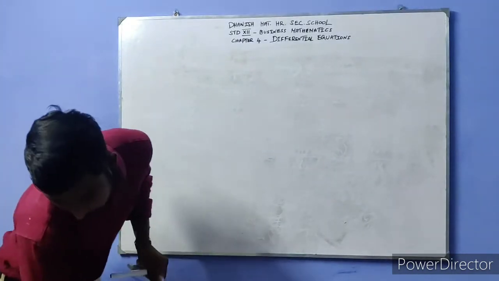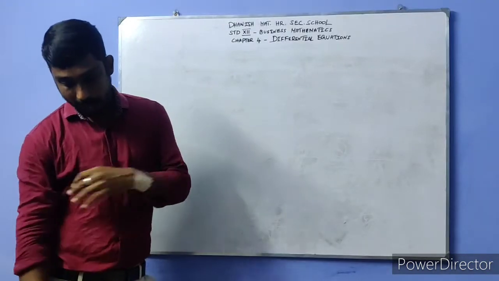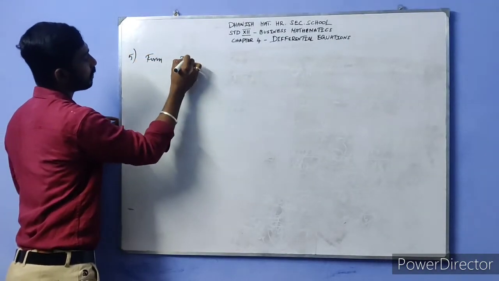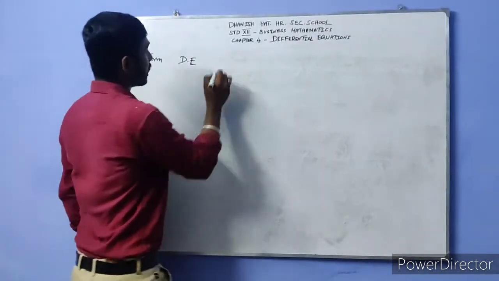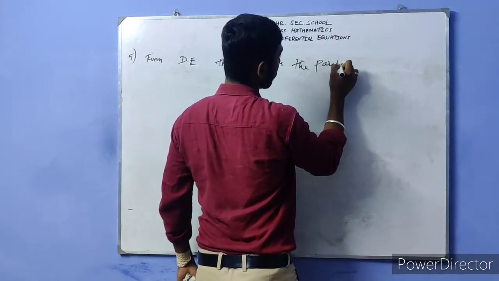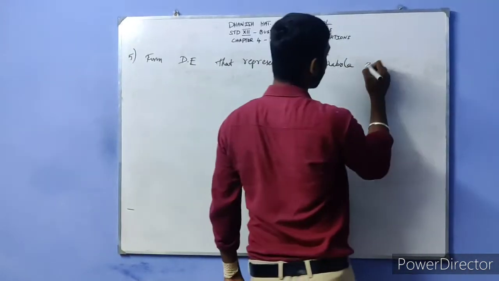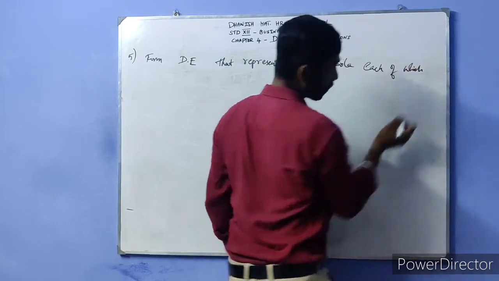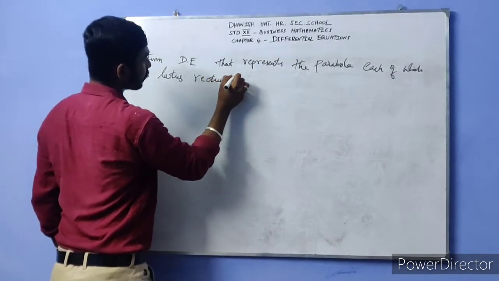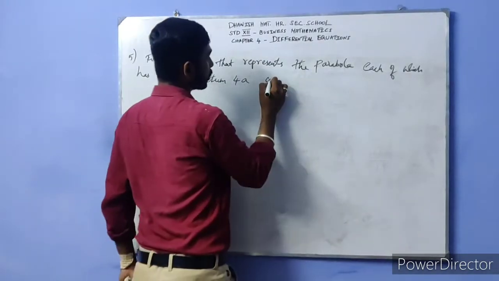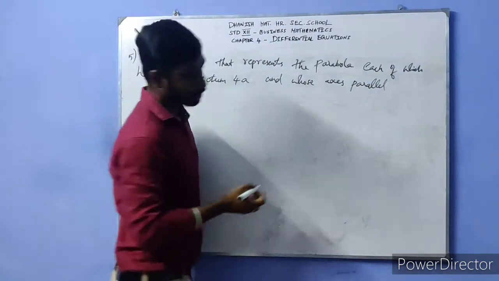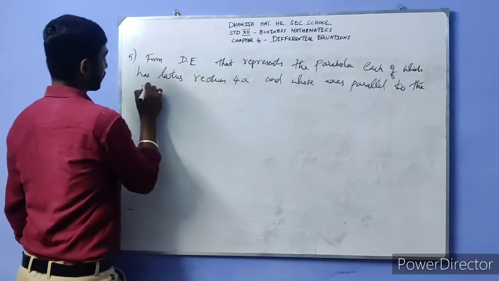So what is the question given here? Form the differential equation that represents all parabolas each of which has latus rectum 4a and whose axes are parallel to the x-axis.